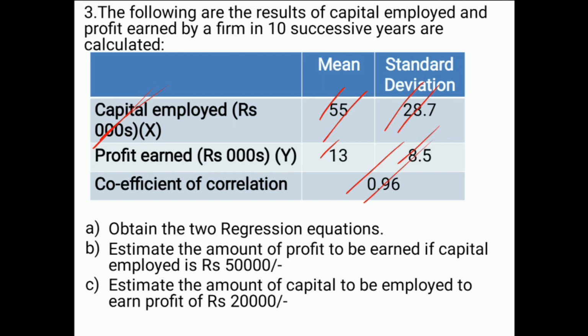But what is asked in the question is to obtain two regression equations, estimate the amount of profit to be earned if capital employed is 50,000, and estimate the amount of capital to be employed to earn a profit of rupees 20,000. Okay, I'll explain how to solve the problem and I'll explain this concept also.